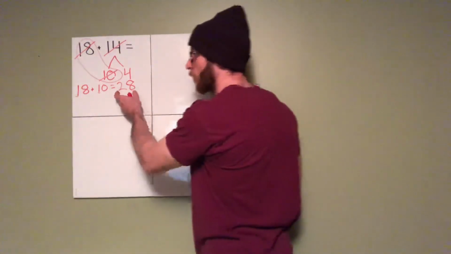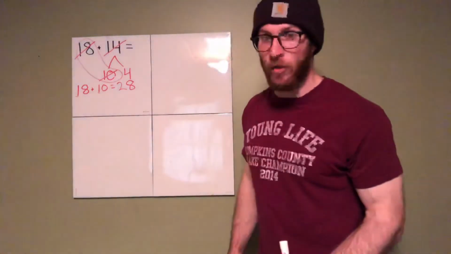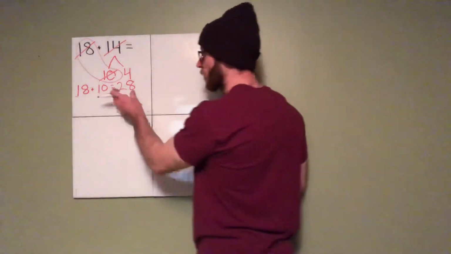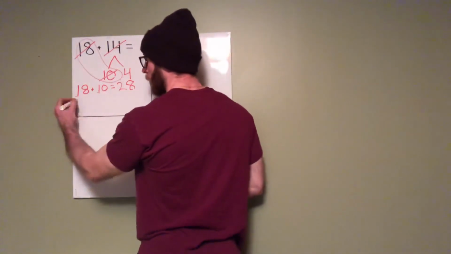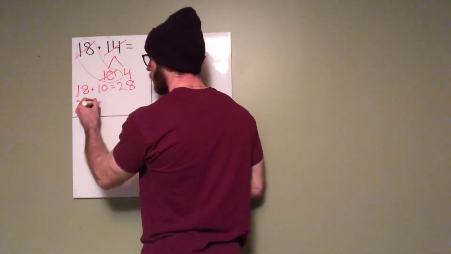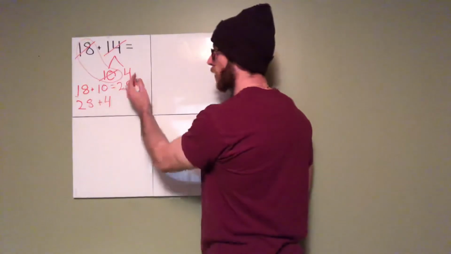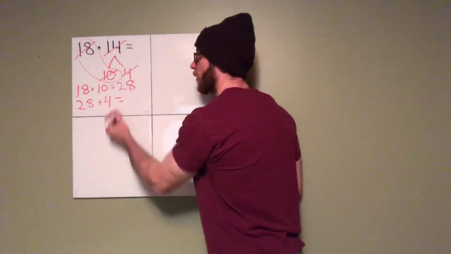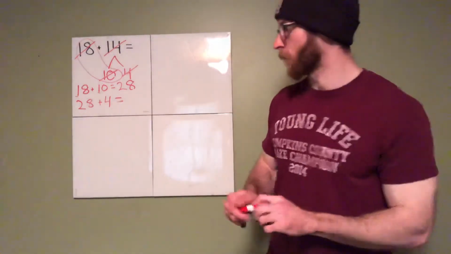I think I'm going to move my 28 down here, like we've been doing, and then add my 4 onto it. So let's do that. Slide my 28 down here, and then add my 4. So boom, did I use my 4? Yes, I did. So now we do 28 plus 4.